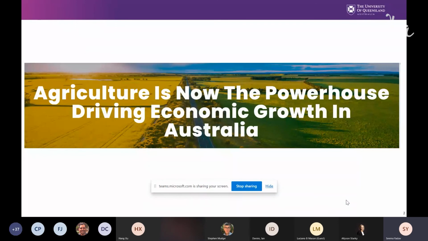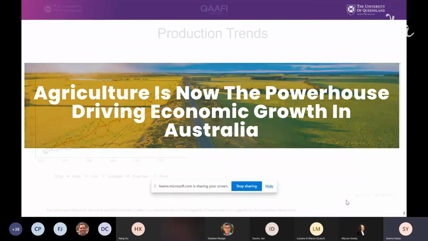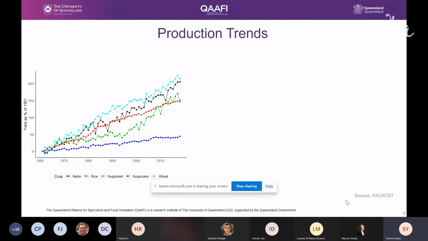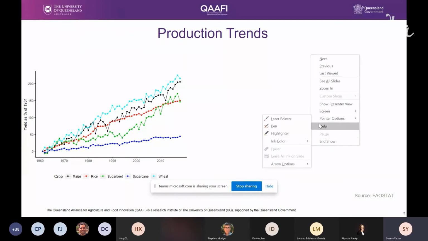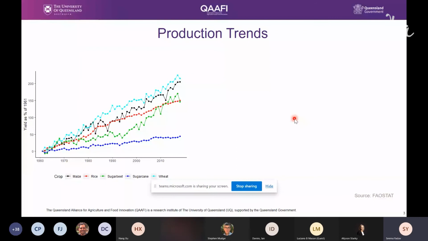And when we talk about the production trends, I'll just start my pointer. If we look at all different crops over the past 60 years, there has been increased production. And this blue line is showing the sugarcane. Sugarcane production has increased almost threefold in the last 60 years.